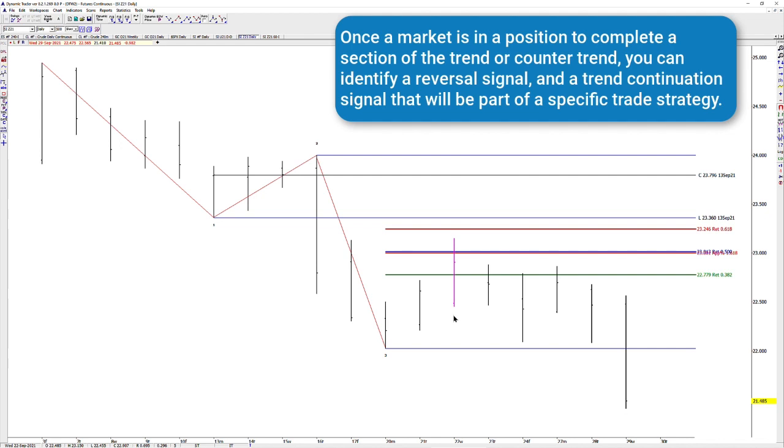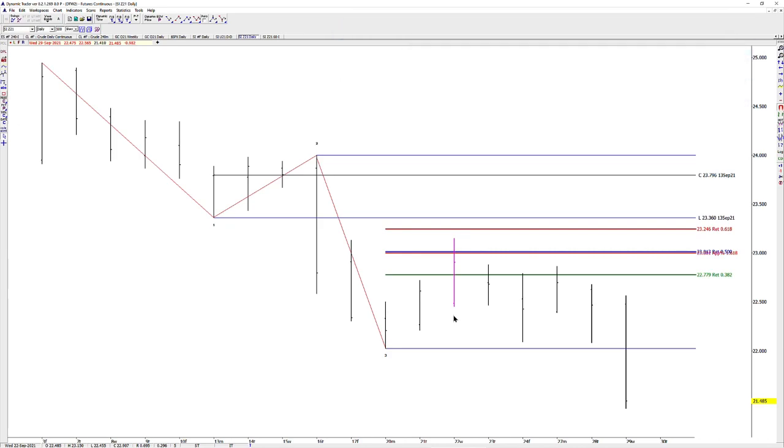And in fact, it was fairly near what is typically the maximum price position for a wave 4, and that's the 62% retracement. So we would want to be alert to trade strategies, reversal strategies, as of that point in time, based on the pattern, based on the price position.